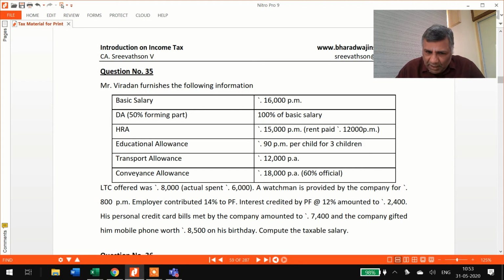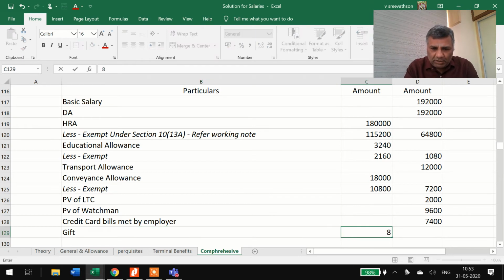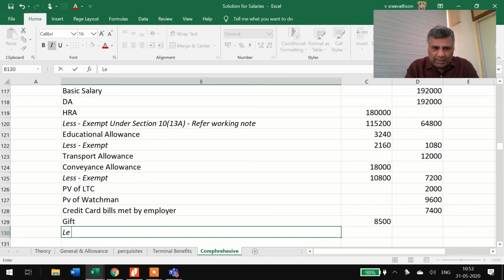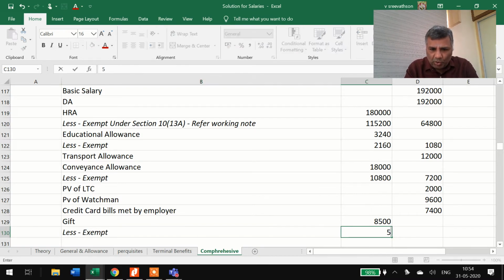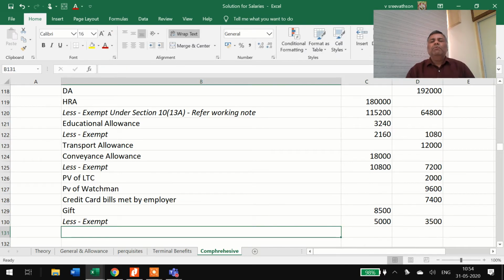Company gifted him a mobile phone worth 8,500. Gift, 8,500 less exempt value 5,000. So the taxable value will be 3,500.